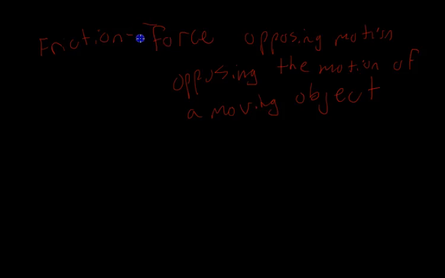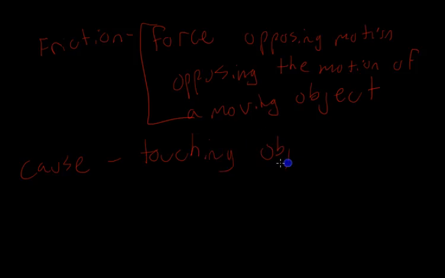So with that defined, what can we say? The cause of friction is two objects sliding together, or two objects moving against each other, or two objects touching. Basically, the cause is touching objects. It's hard to articulate. Touching objects.